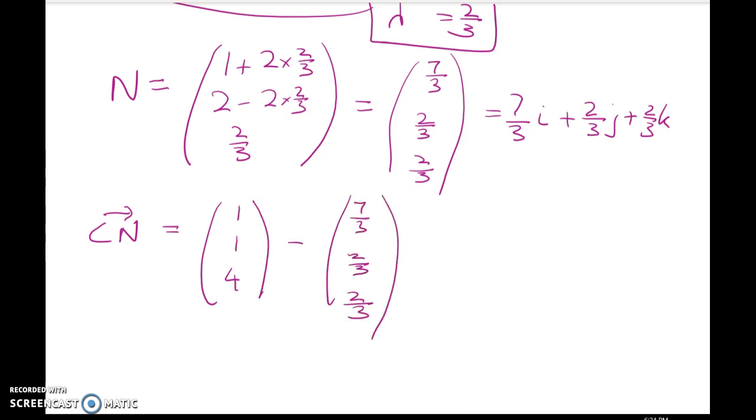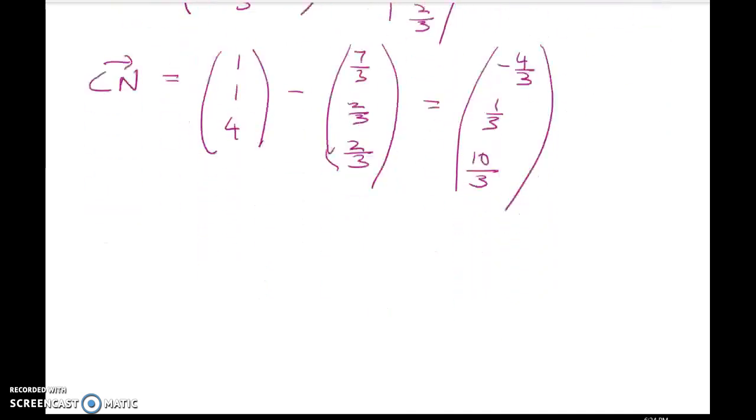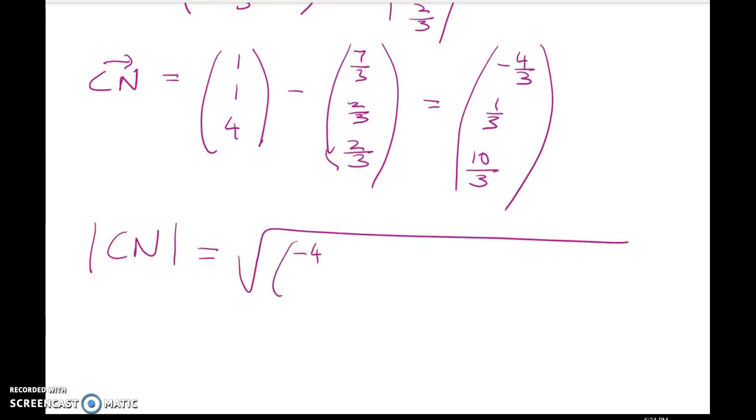So we work out the distance between those two things by using Pythagoras in 3D. Okay, so that's the vector from C to N. And to find its length, this is what we do.